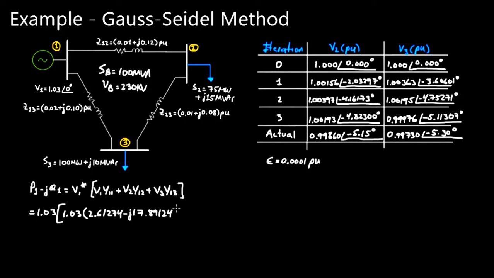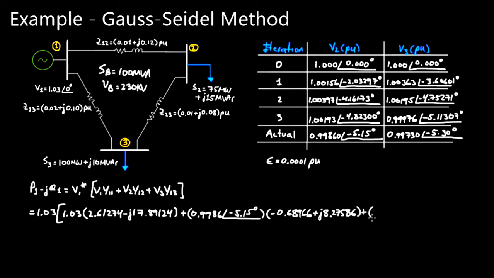And then all of that plus V2. So V2 actual, I'm going to use this one over here, 0.9986 at an angle of minus 5.15 degrees, that times Y12, which is equal to minus 0.68966 plus J 8.27586.